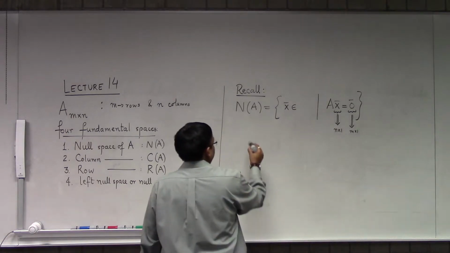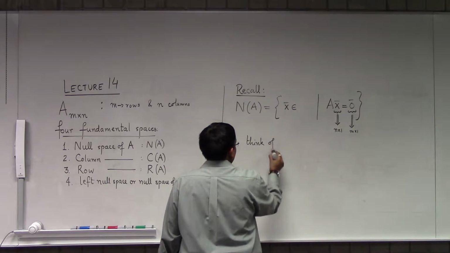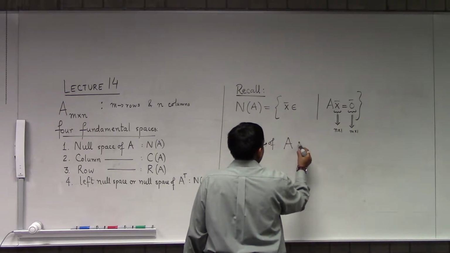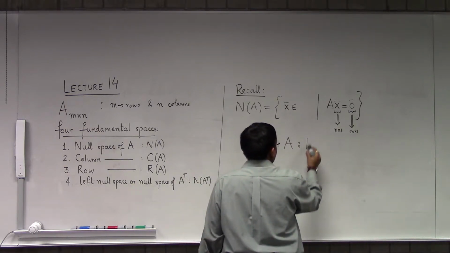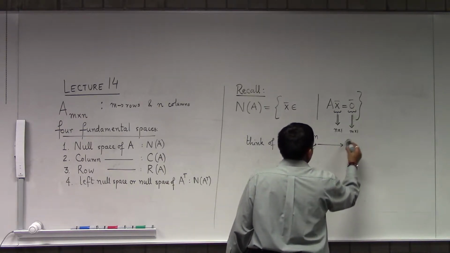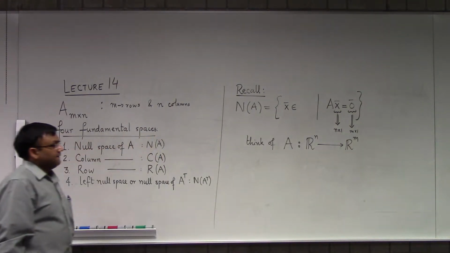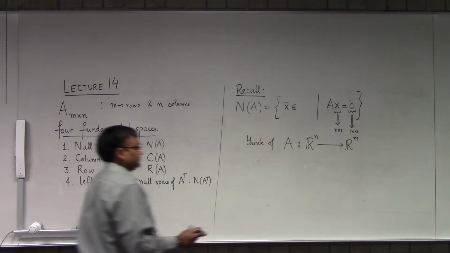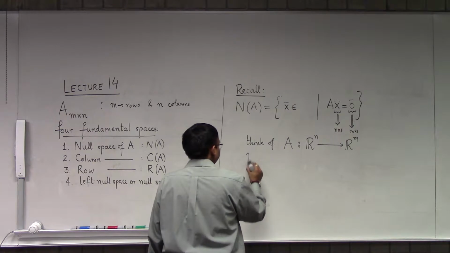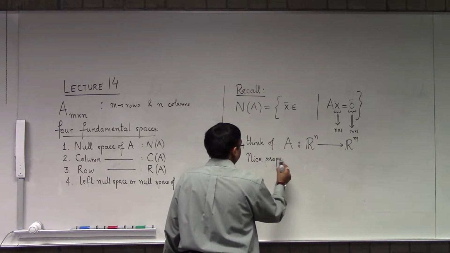So in other words, we can think of A as a function from the space Rn mapping to the space Rm. Now this is not just any function. This function has some nice properties which make it more useful for us.